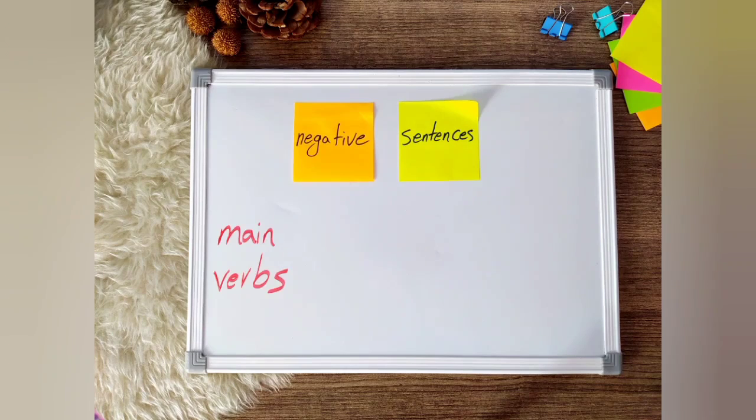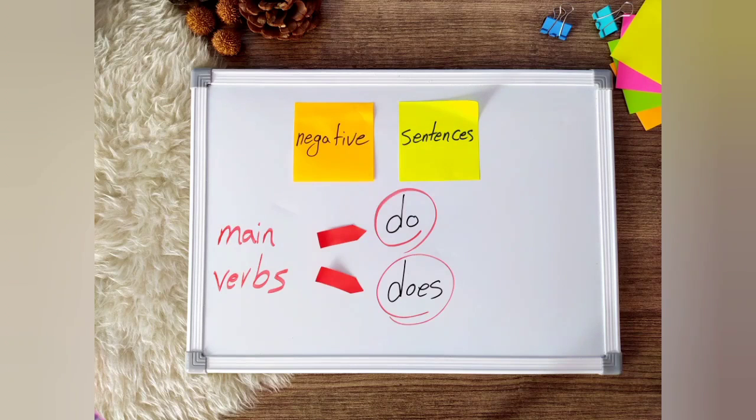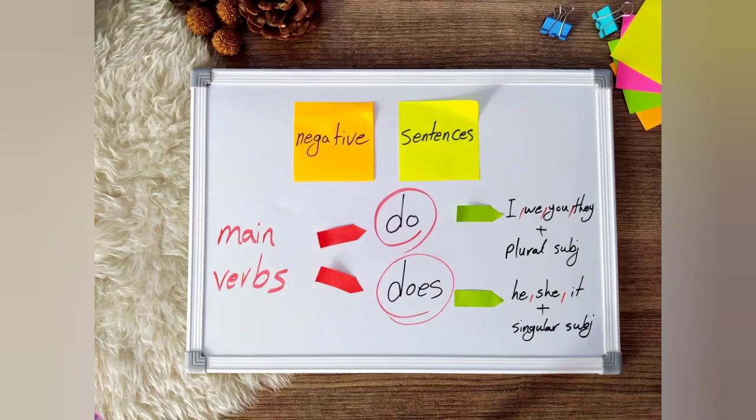Now imagine that we have a main verb in the sentence. First, we need a helping verb. In this tense, we have do and does as helping verbs. We use do for plural subjects and these subject pronouns: I, we, you, they. And we use does for singular subjects and these subject pronouns: he, she, and it.